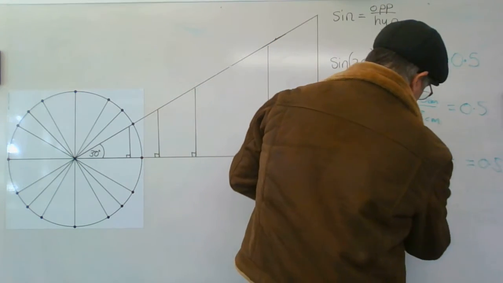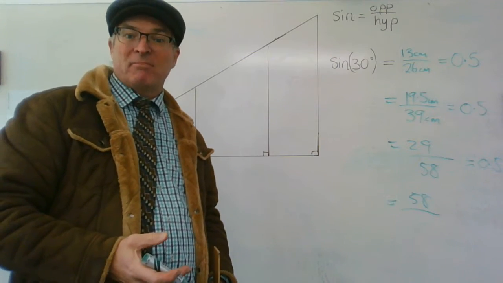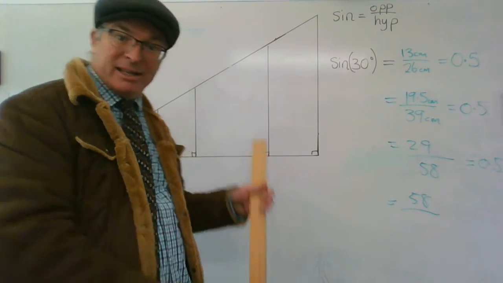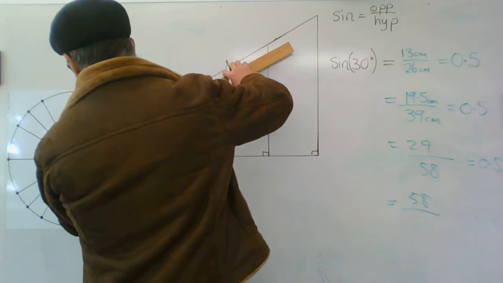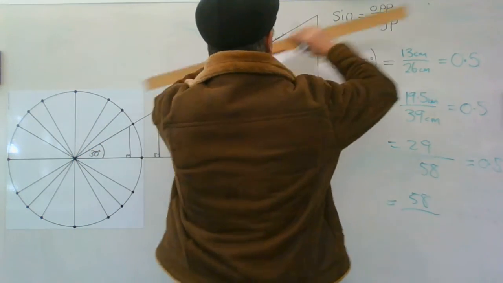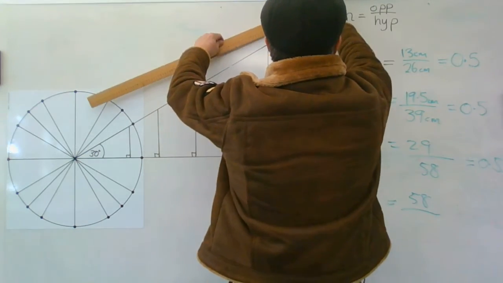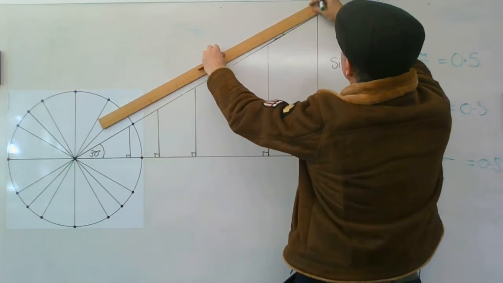58. Can you guess what it needs to be? 116, doesn't it? But let's just check. Okay, we get up to there. And, oh, I can still measure that going backwards. 58.